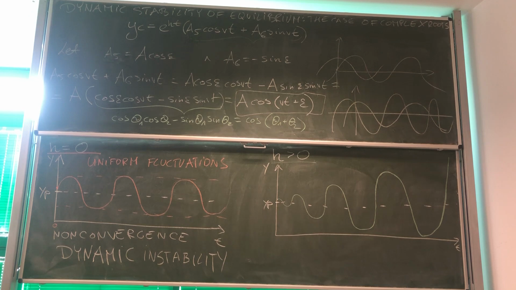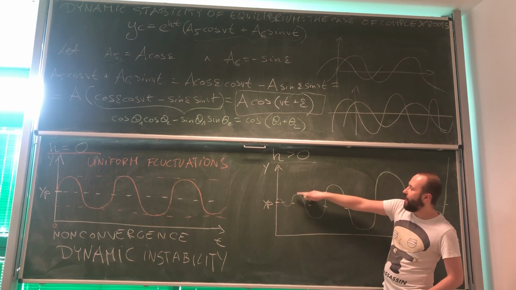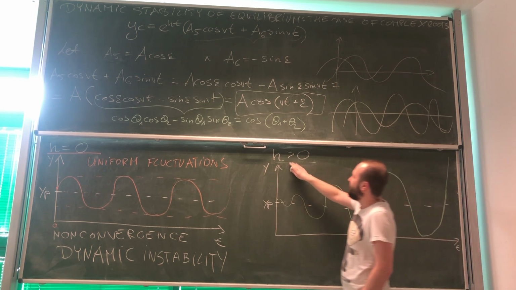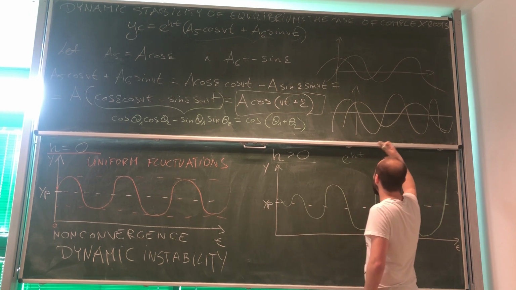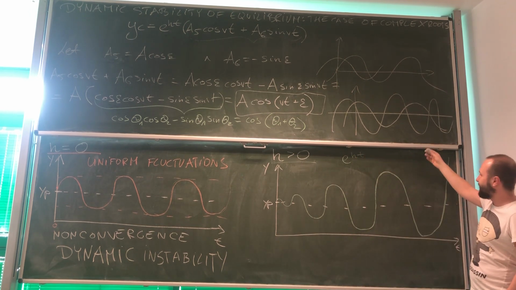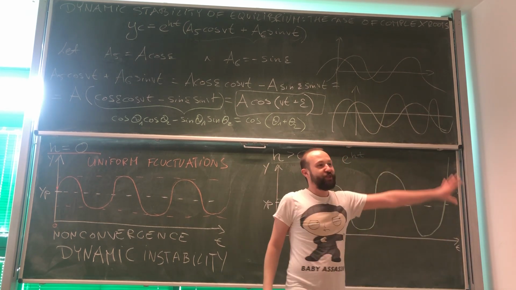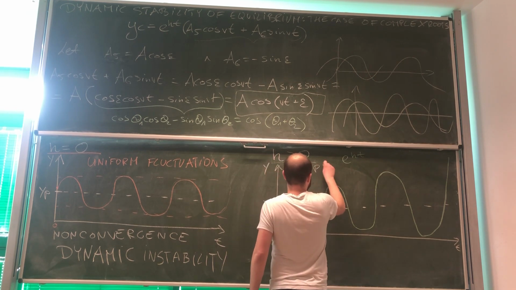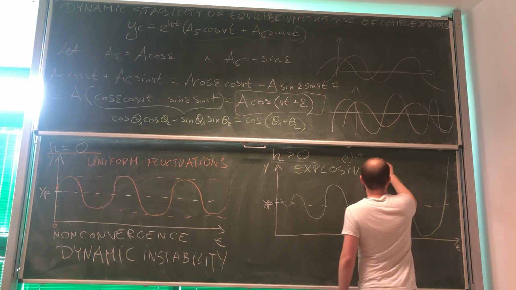So again, we are observing that now the value of y is fluctuating around the equilibrium, but because h is bigger than 0, which means that e to the power ht is getting bigger and bigger with time, we are observing divergence. This case we're going to call explosive fluctuations.